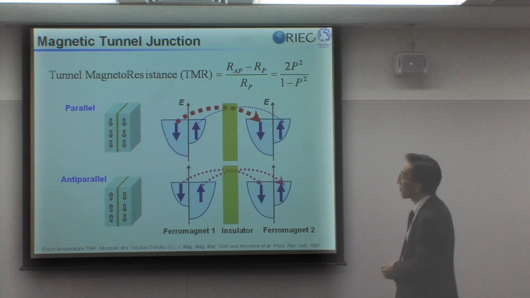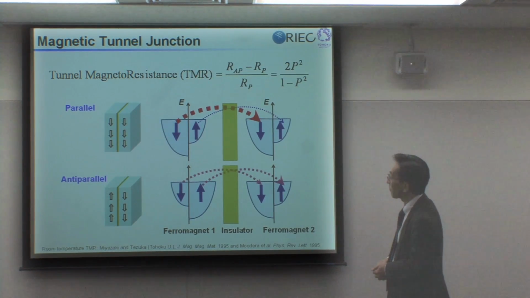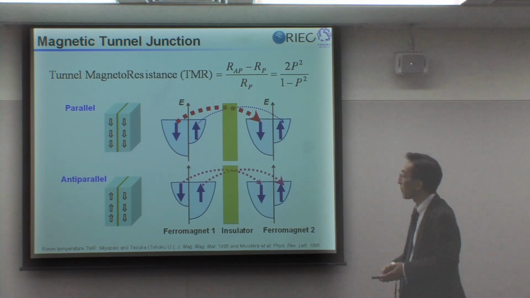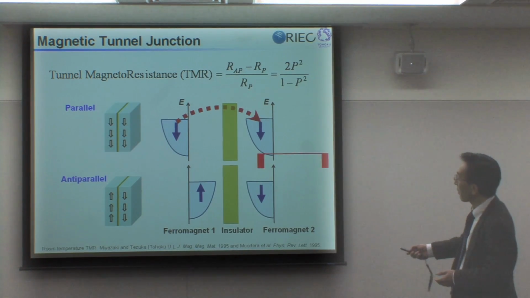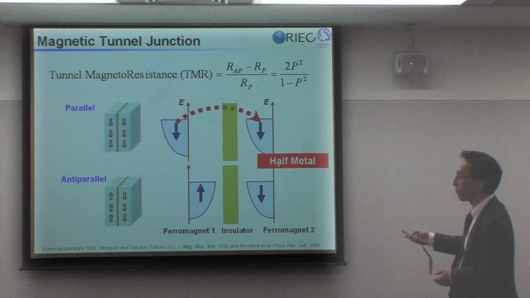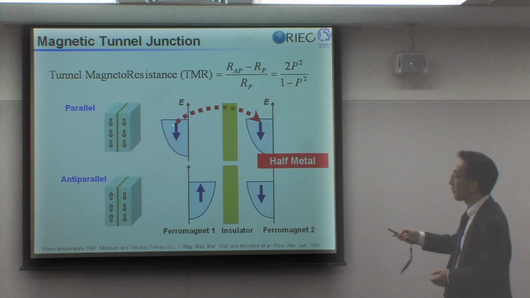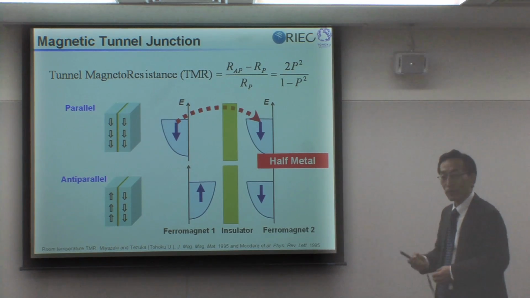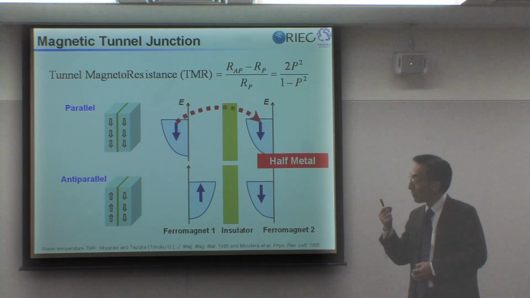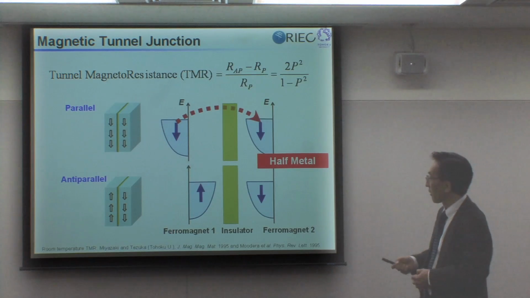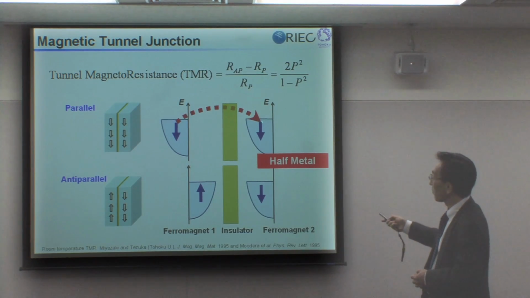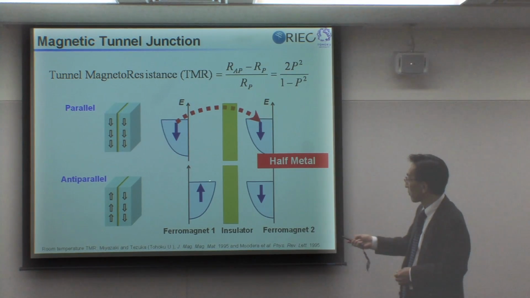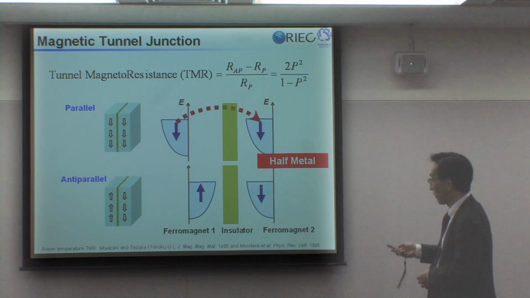And you can easily understand it if you think about a material like half metal. This is half metal, where you only have one spin polarization. Because the tunneling process preserves spin direction, this will allow electrons to tunnel from one electrode to the other. But this configuration doesn't allow electrons to tunnel from this one to the other electrode.